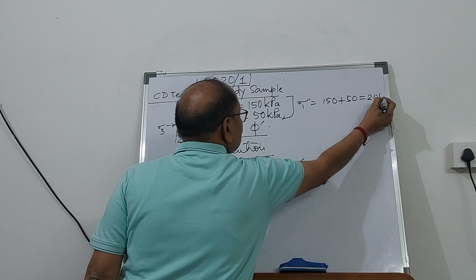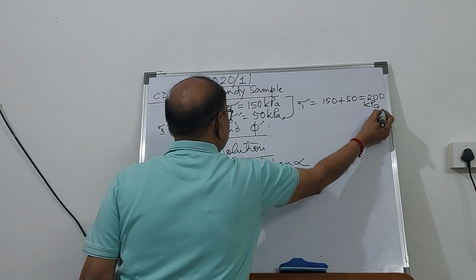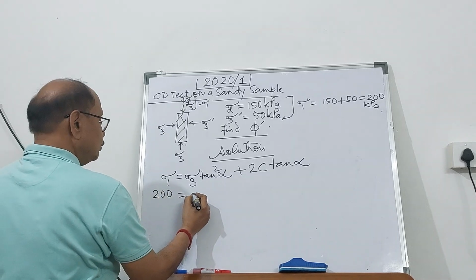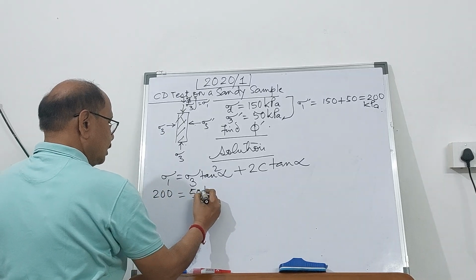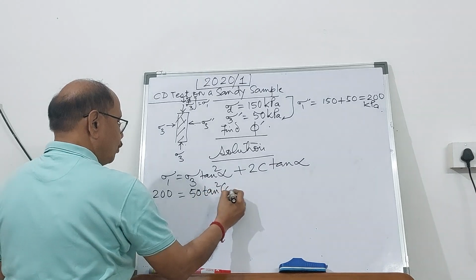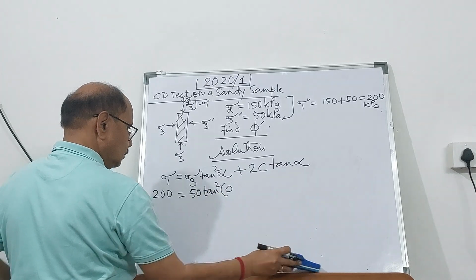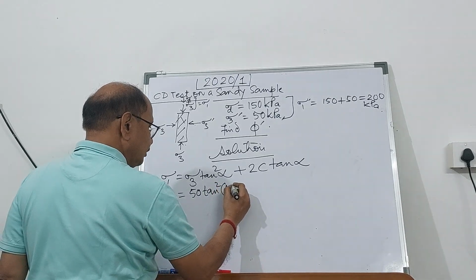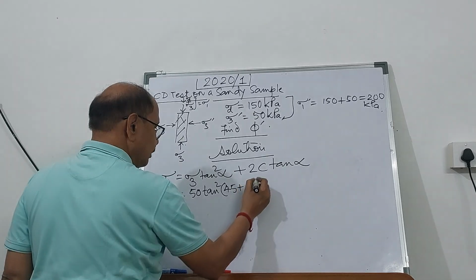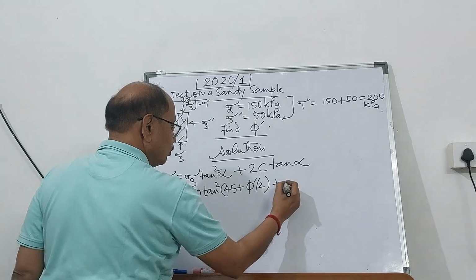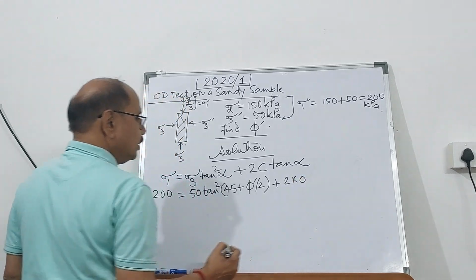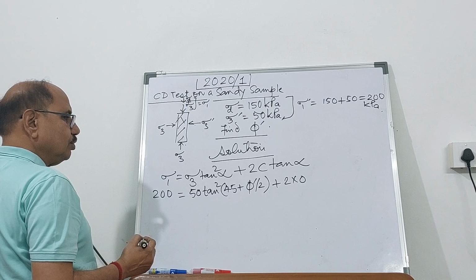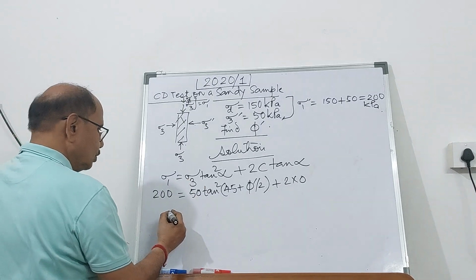This becomes 200 kilopascal. So 200 kilopascal equals 50 tan square of (45 plus phi prime by 2) plus 2c tan alpha, but in cohesionless soil, sandy soil, c will be 0. So the second term becomes 0.